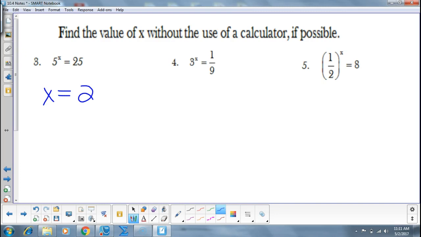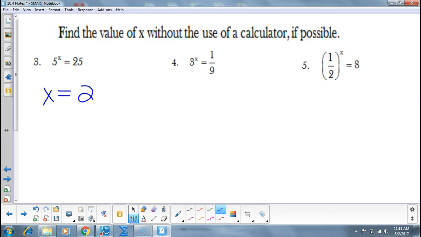What about 4? I would put in 1/27 for x. Negative 1/3.